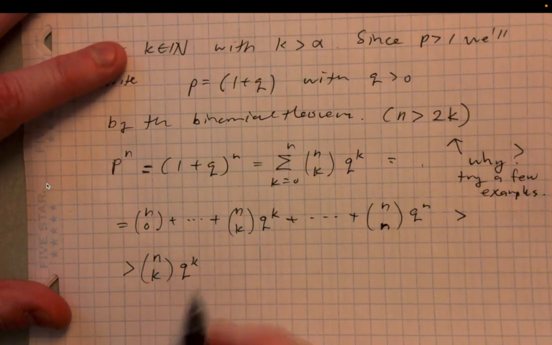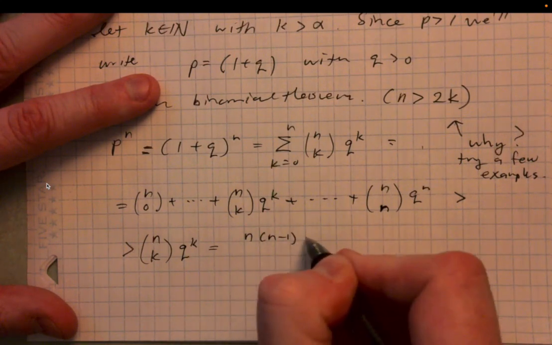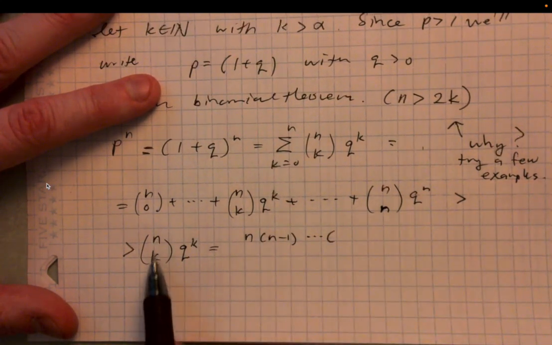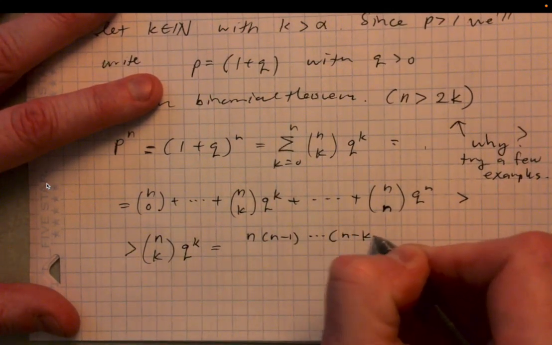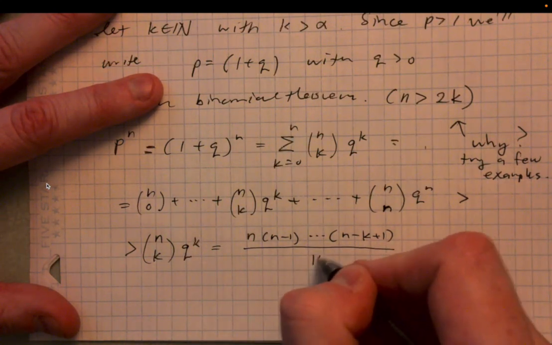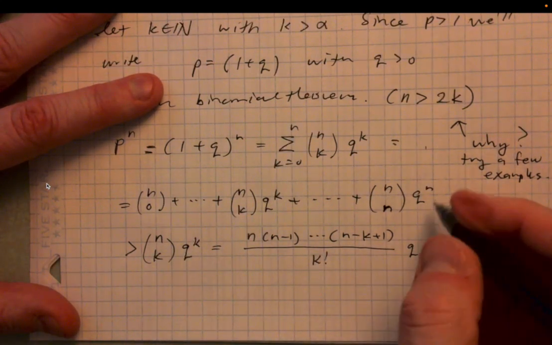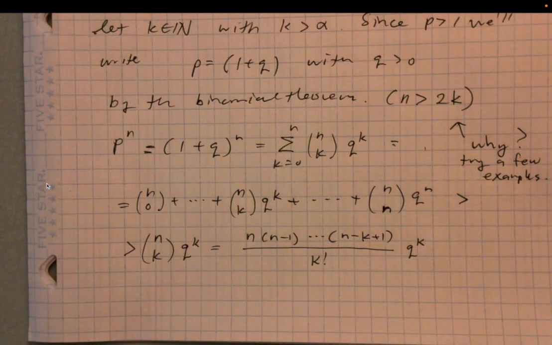And so what is this one? Let's expand that. It's going to be n times n minus 1 dot dot dot, and then remember this is n choose k, so this will go up to n minus k plus 1, all divided by k factorial times q to the k power. Okay, so we have this nice little starting point for setting up an inequality.